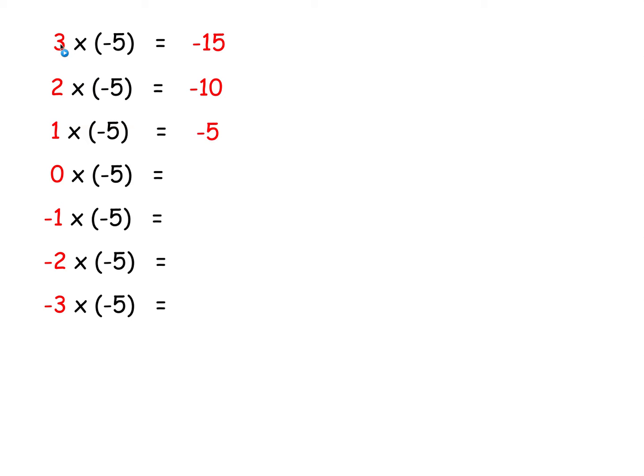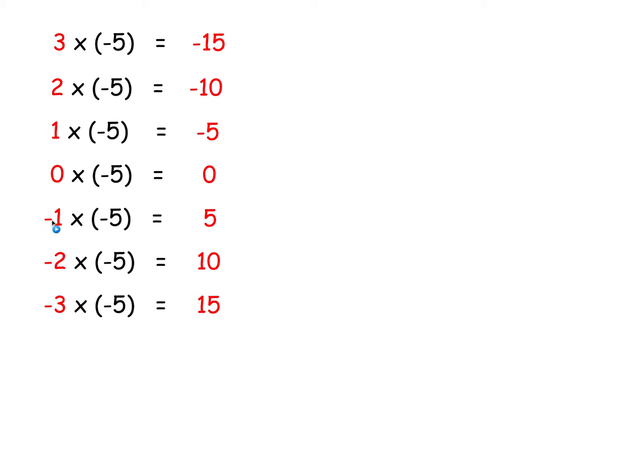So notice 3 negative 5's, 2 negative 5's, 1 negative 5. As there's 1 less negative 5, I get an answer 5 more than previously. So if I've got 0 negative 5's, I've obviously got 0. That's 5 more here than negative 5. My next answer, which is again 1 less negative 5, should be 5 more. And 1 less negative 5 again should be 5 more, and so on.